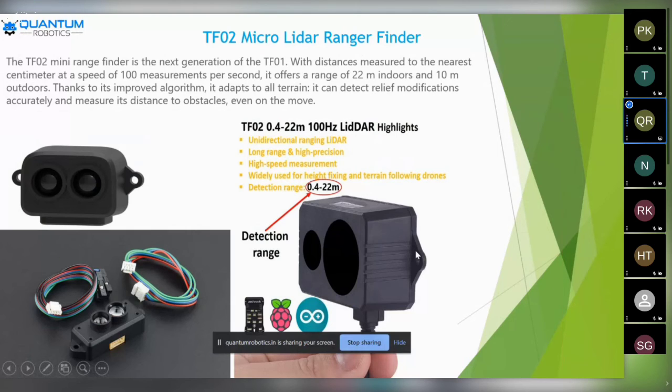Here you can see, guys, what the principle of a lidar sensor is. It can detect the range and gives the distance of an interruption, and it can measure very fast. The detection range is 0.4 to 22 meters. This was the detection range. For this, they have given the TF02 micro lidar range finder.